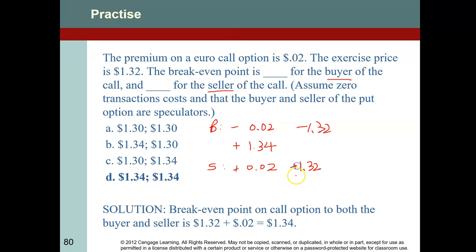So in order to break even, it would have cost us 1.34 to purchase or borrow euro on the market at the price of 1.34, so we can resell the euro to the buyer of the option. And we're going to receive 1.34 in total. This is why for both buyer and seller, we have 1.34 as our break-even point.